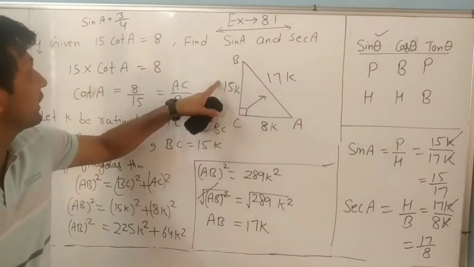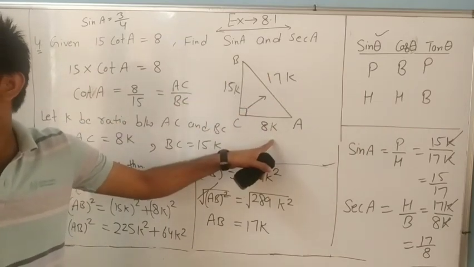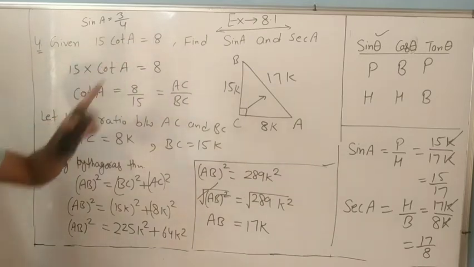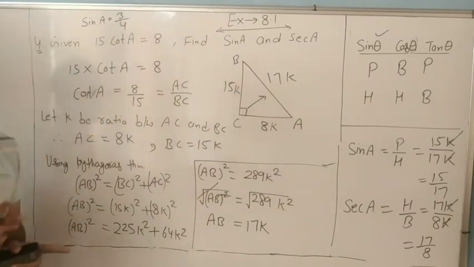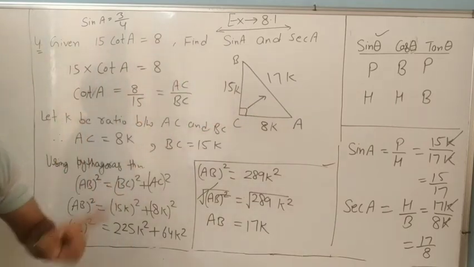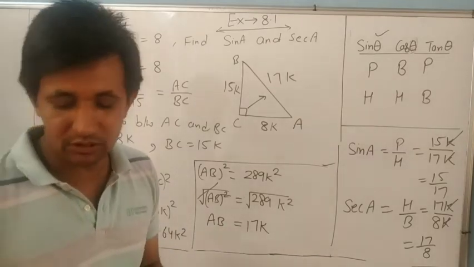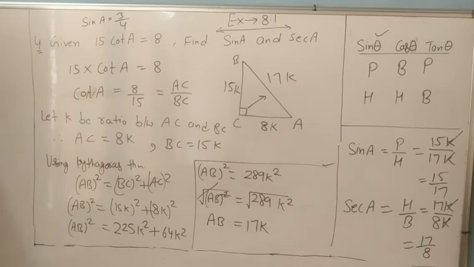So perpendicular is given, hypotenuse is given, we will find the base. Understand or not? So the base you can find. It is 3k, it is 4k, and it comes to 5k. So find the values of sine A and cos A. Please note it down.